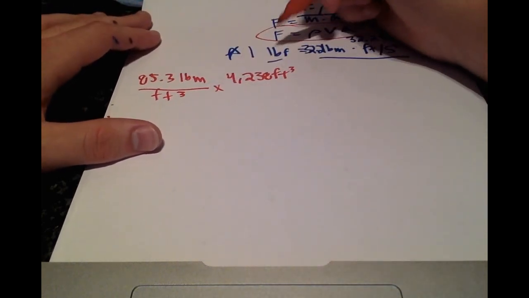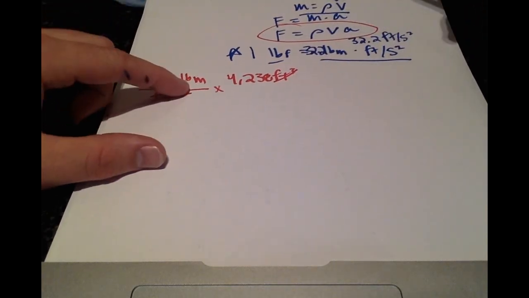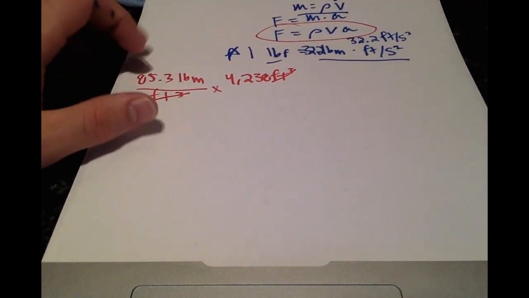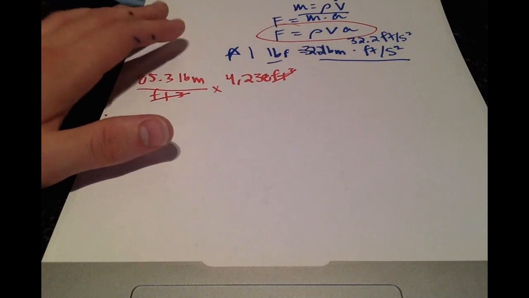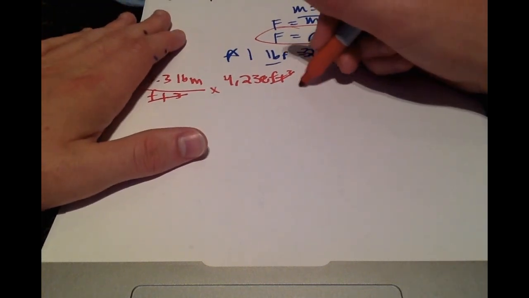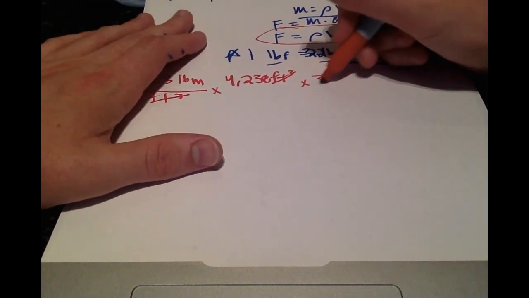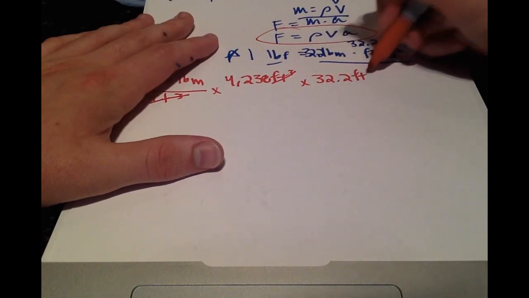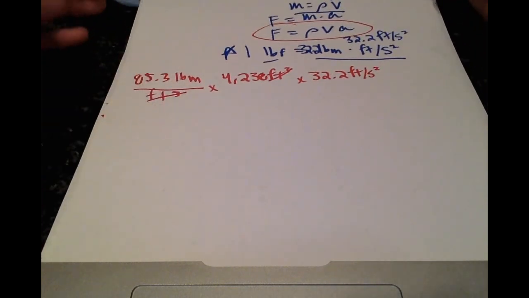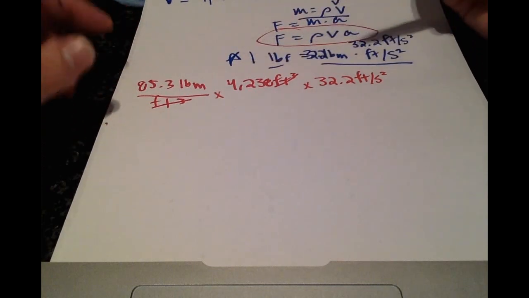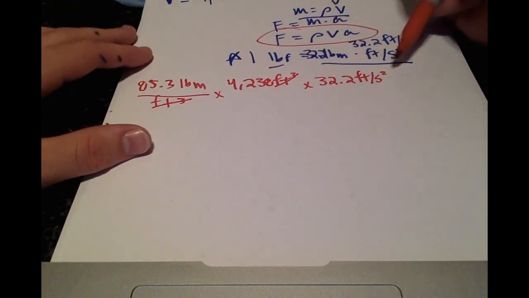As I do this, I like to cancel out the units and see what we have. So we currently have pound mass, which is looking pretty good. And now we'll multiply by the acceleration due to gravity, which is 32.2 feet per second squared.